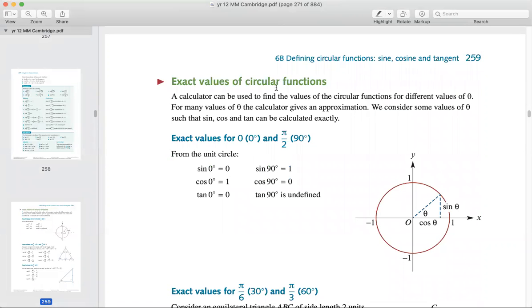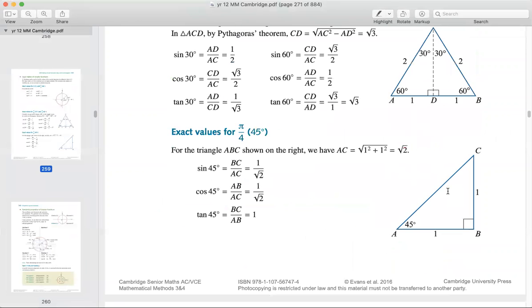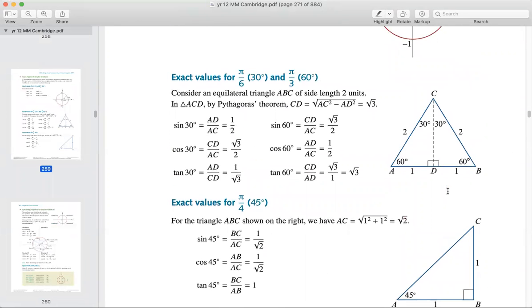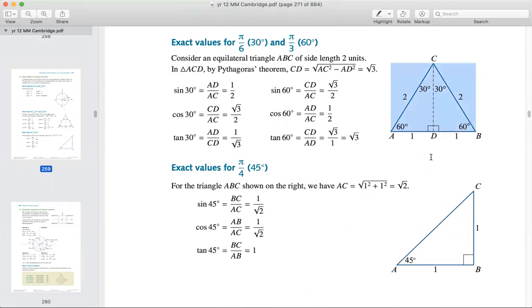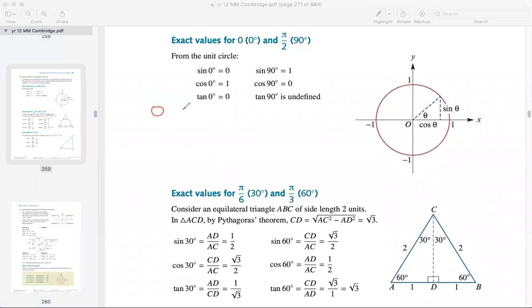And now we look at exact values for circular functions, which means some special angles 30, 60, and 45. Okay, personally, I provide you guys two methods to help you get familiar with this. So 0, pi on 6, pi on 4, pi on 3, and pi on 2, for sine, cos, tangent.